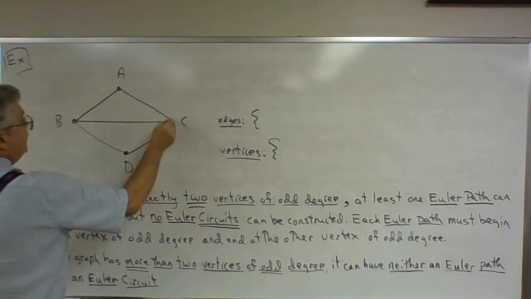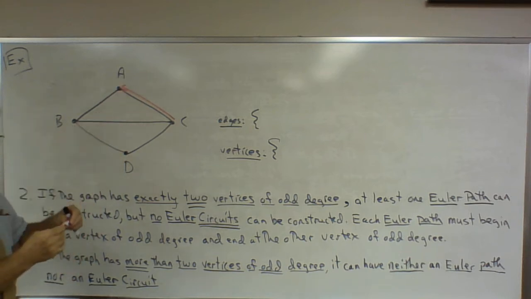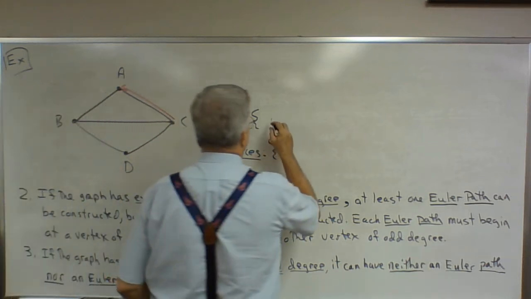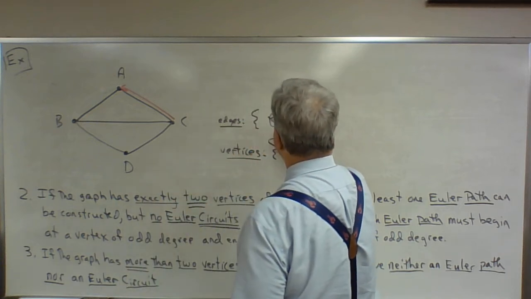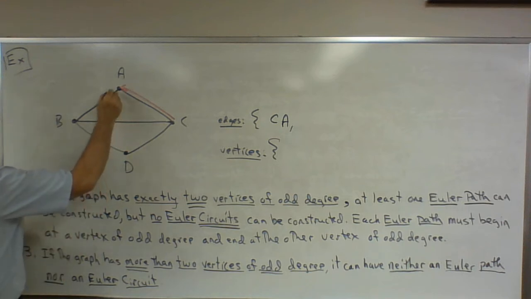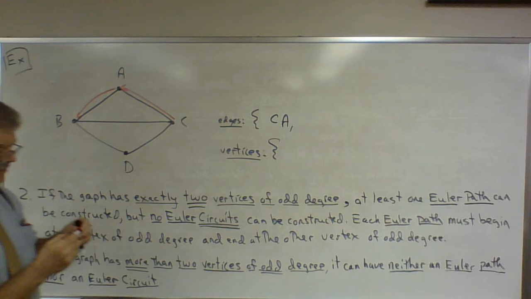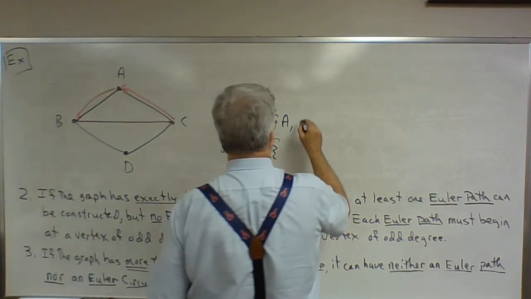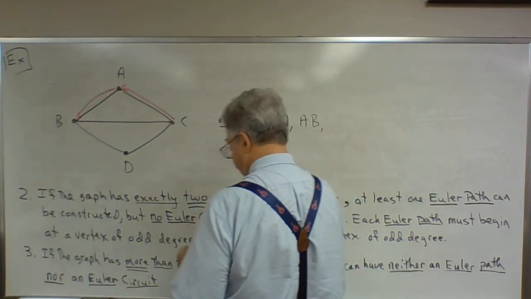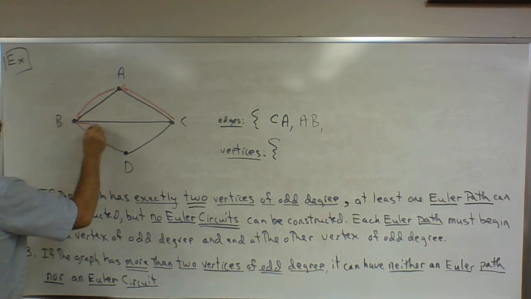And I'll go from C to A. So I've got this edge covered. There's only one way I can go from here. I'll go from A to B. So I've got this edge covered. Then I'll go from B to C. I've got this edge covered.